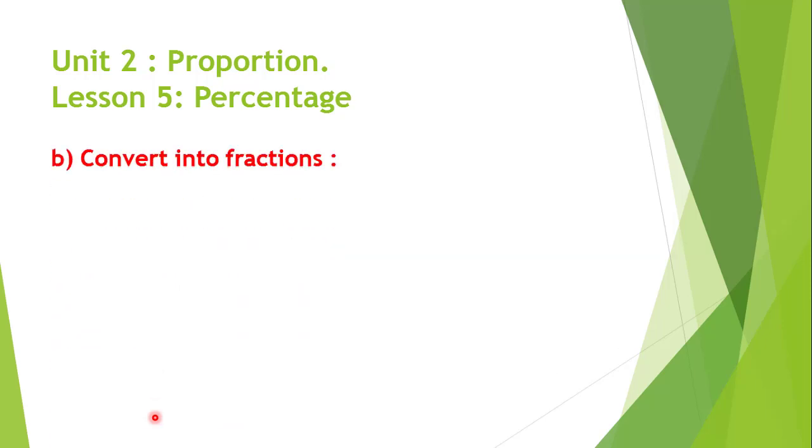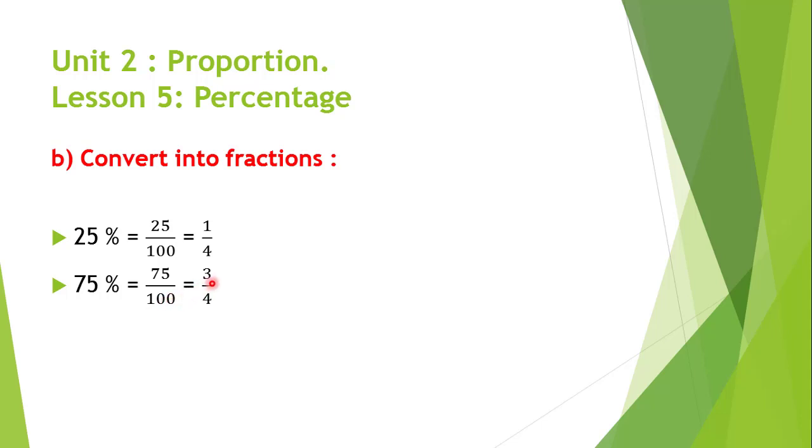Okay, now I want to convert into fractions. The first one, 25%, means 25 over 100, or 1 quarter, 1 over 4. This is by simplifying, just divide by 25. 75% means 75 over 100, then simplify.